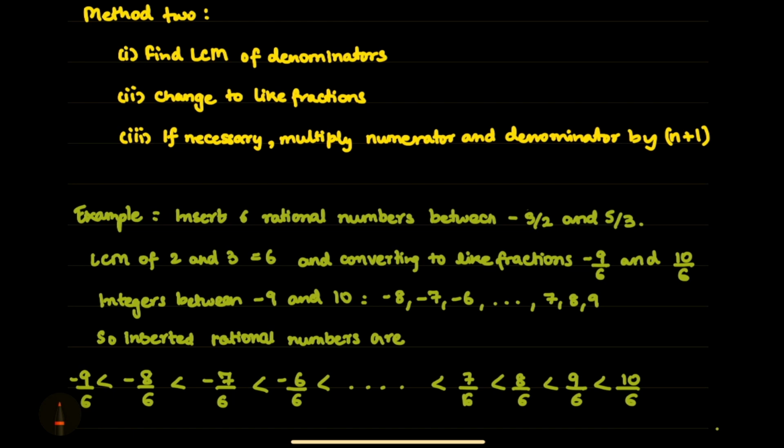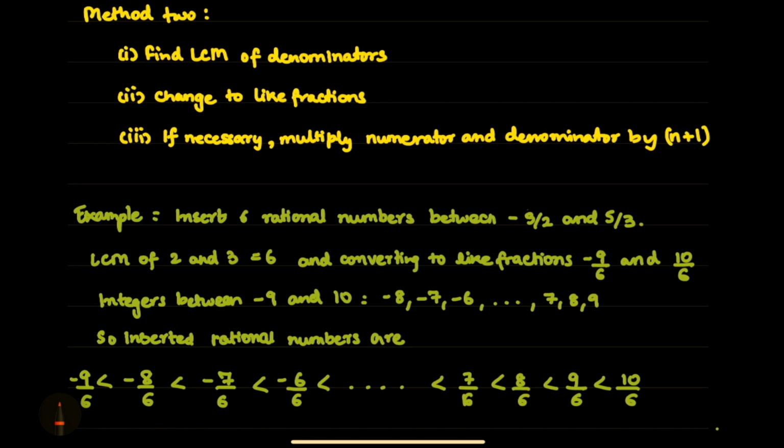Let's understand this better by looking at this example of inserting 6 rational numbers between minus 3 by 2 and 5 by 3. Following the method above, we first take the LCM of the denominators 2 and 3, which is 6, and then convert them into like fractions. This comes out to be minus 9 by 6 and 10 by 6.